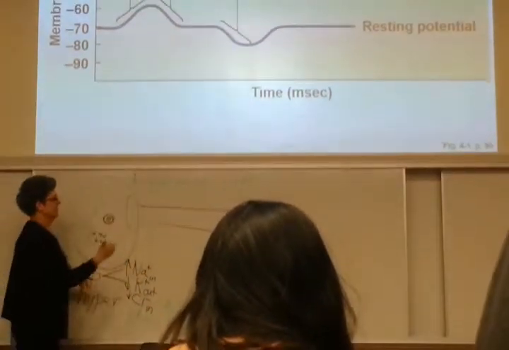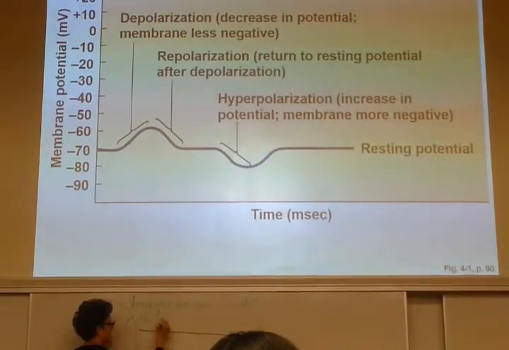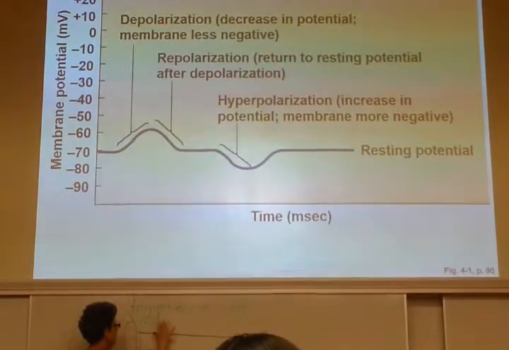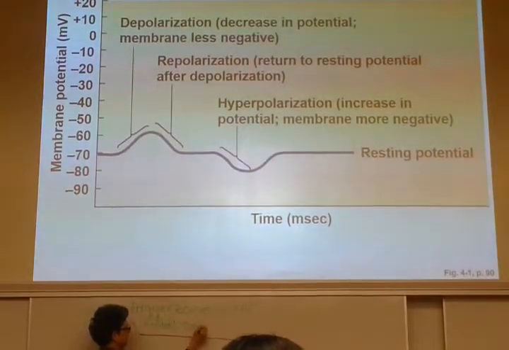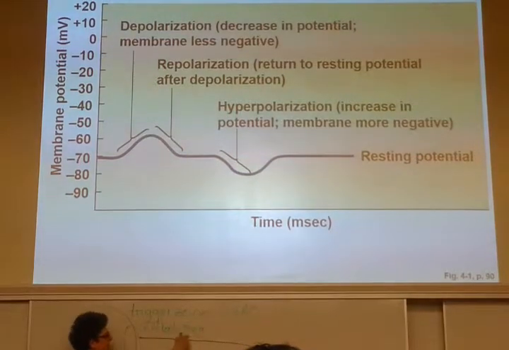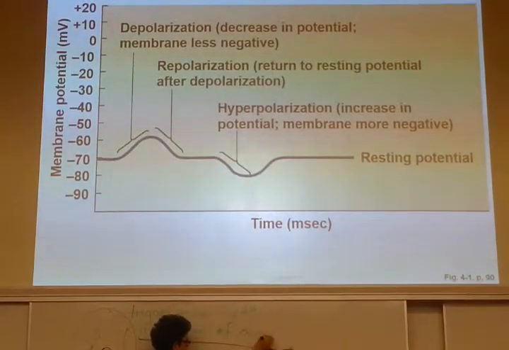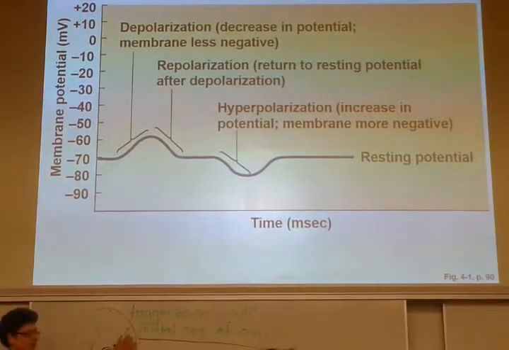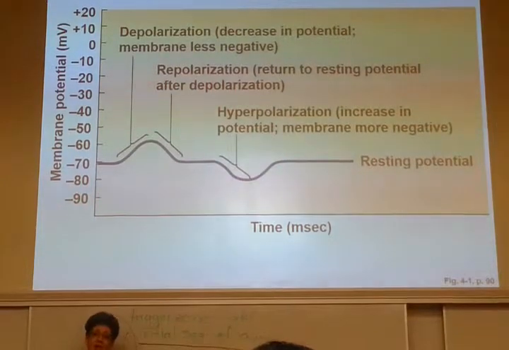The other name is initial segment. This tells you it's the initial segment of the axon. So what is occurring here is going to be replicated along the axon.